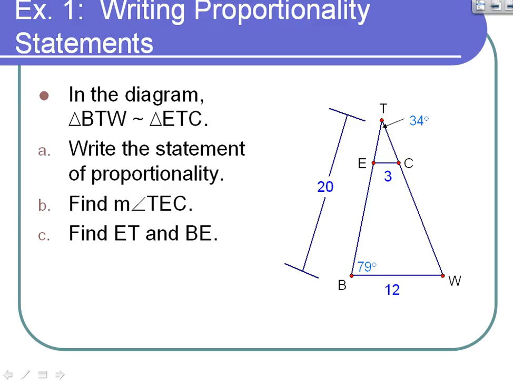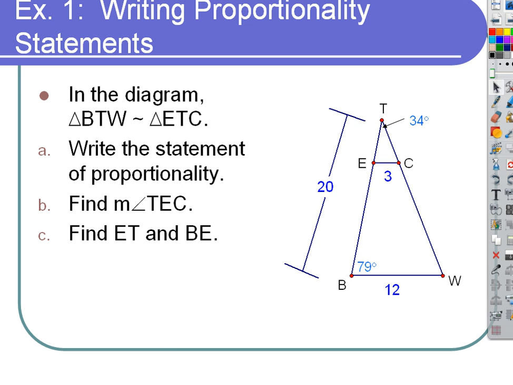We want to come up with a scale factor. And then once we do that, we're going to find some missing information. We want to know the measure of angle TEC, and find side length ET, side length BT, and segment length BE. Okay. Now, to do this, let me take a screenshot of this so we can write on it a little better.